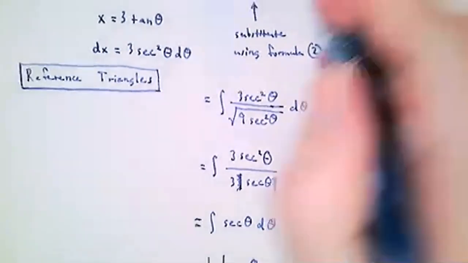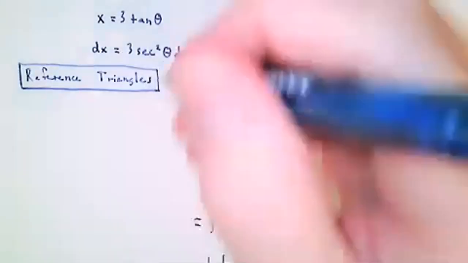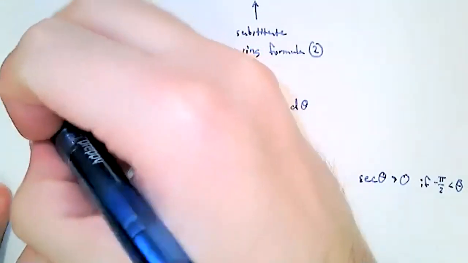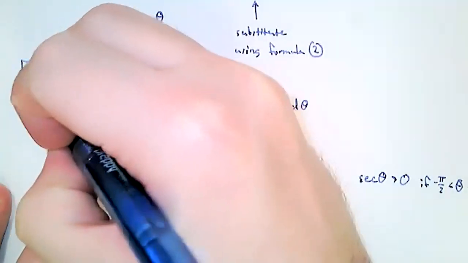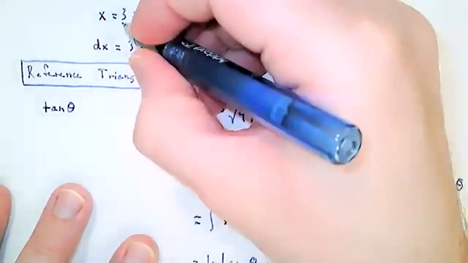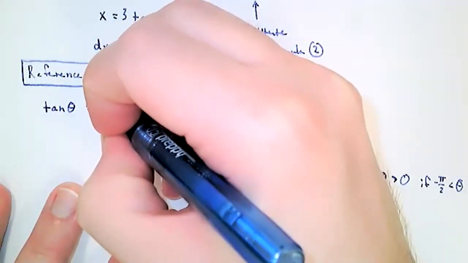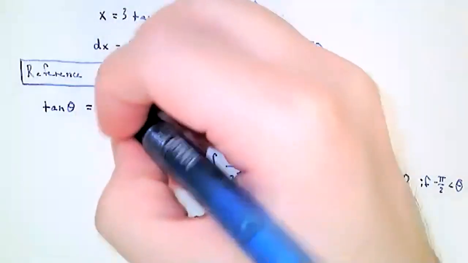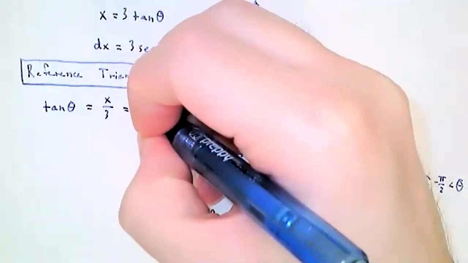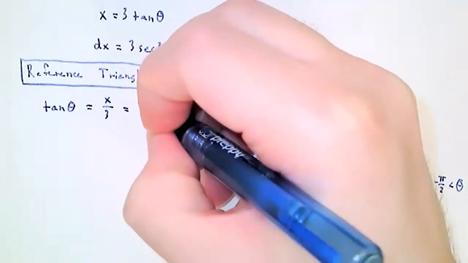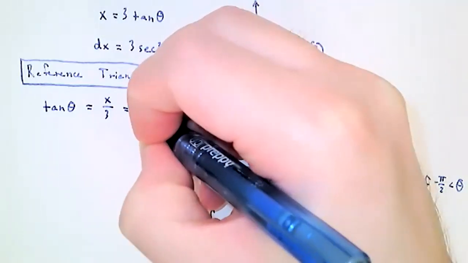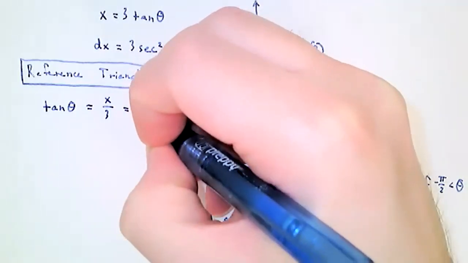So what we're going to do is look at this expression, tangent theta, and then just move this 3 to the other side. And we have to remember that tangent is really, if we're looking at a triangle, something like the opposite side over the adjacent side.